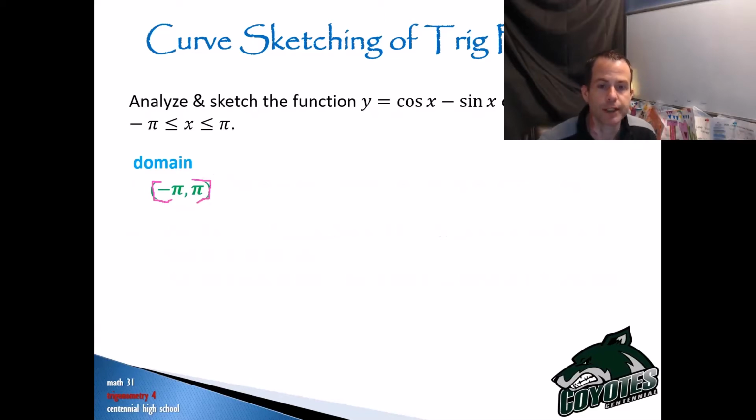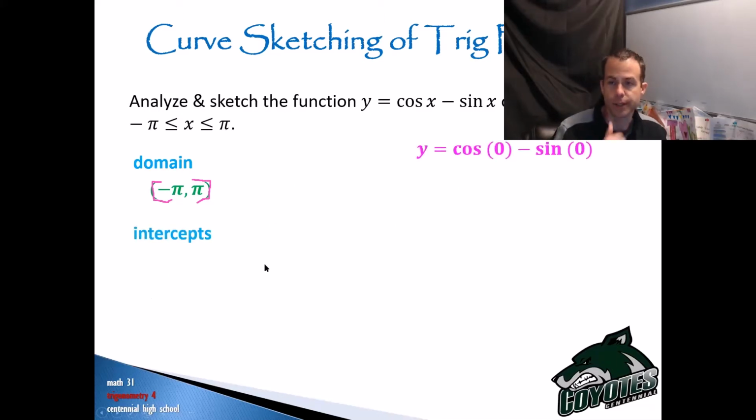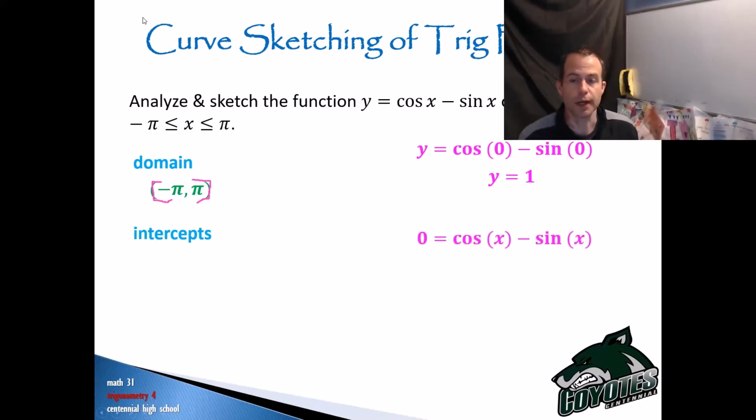Okay, now we want to take a look at x-intercepts and y-intercepts. If I want to do the y-intercept, I'm going to plug 0 in for x. I know cos of 0 is 1 and sine of 0 is 0, so that ends up being 1. So I know I have a y-intercept at (0, 1). For x-intercepts, I'm going to plug 0 in for y and solve for x. So I'm looking at 0 equals cos of x minus sine of x. I'm going to bring the sine of x over.